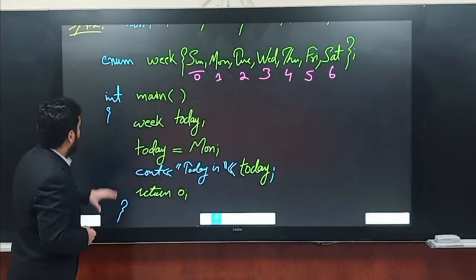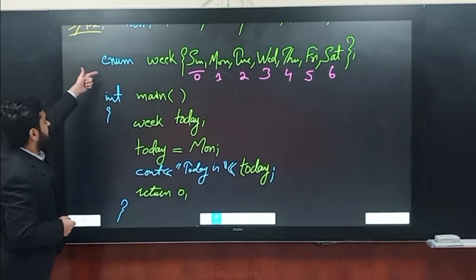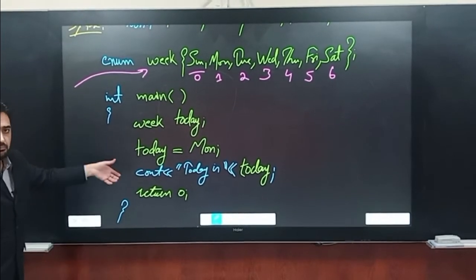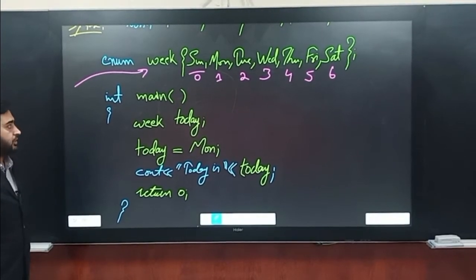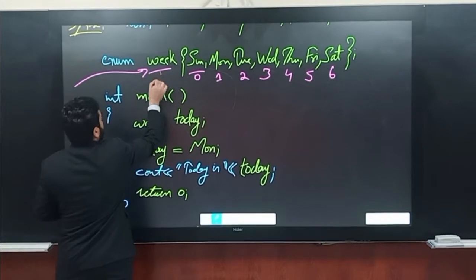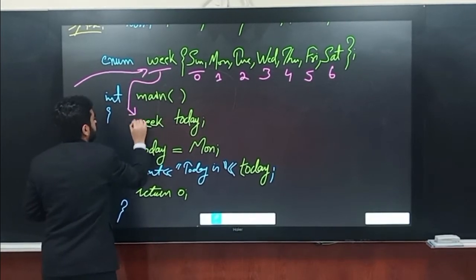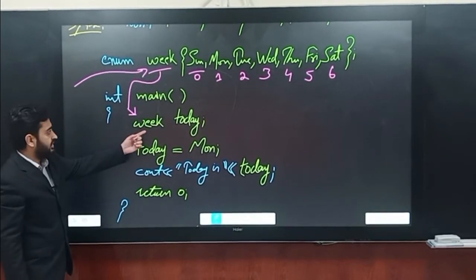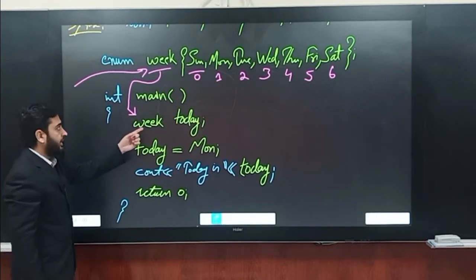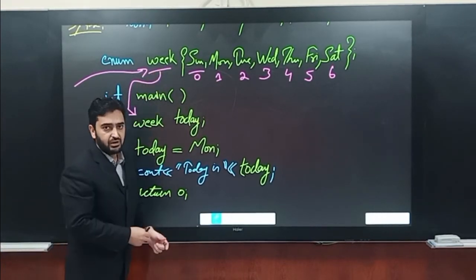Now we have accessed this enumeration in the body of the main function. How have we accessed it? By writing the name of the enumeration, which is now the user data type, the programmer data type.